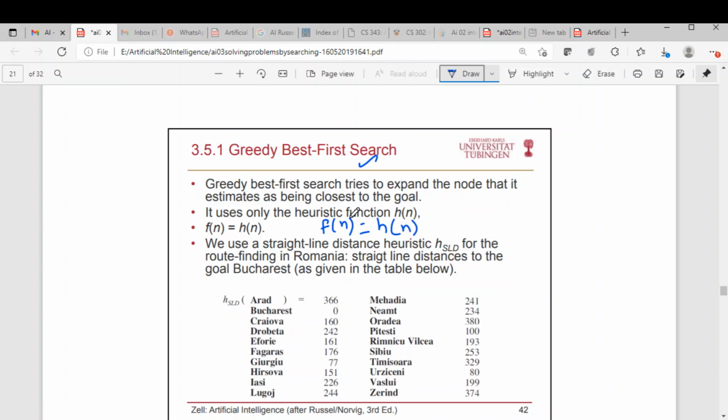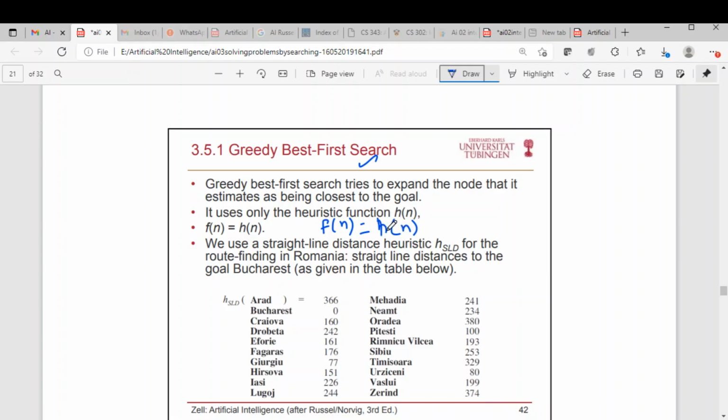That's it. H of n is defined in the same way, the cheapest estimated cost from the current state to the goal state. So it always makes decisions only based on that estimate. Nothing else is included because there is no g of n.